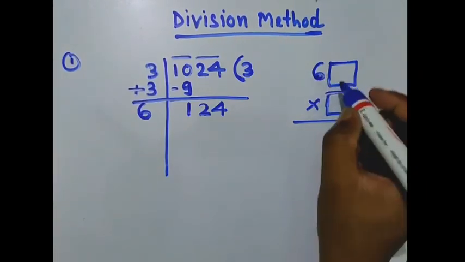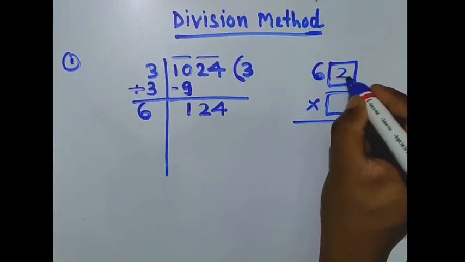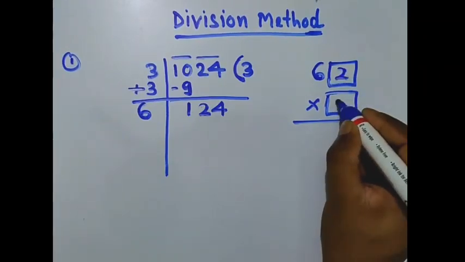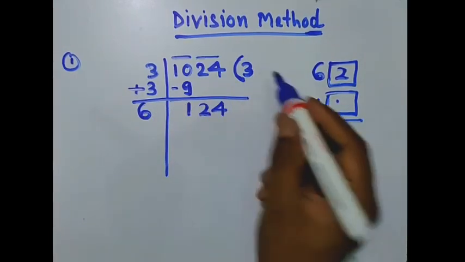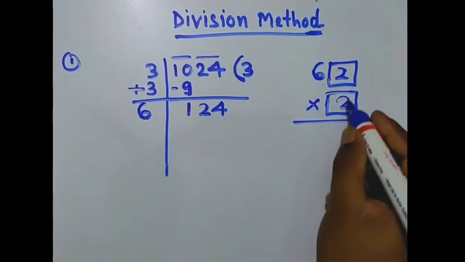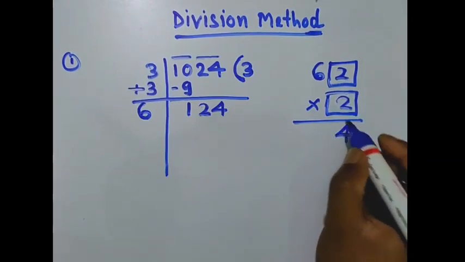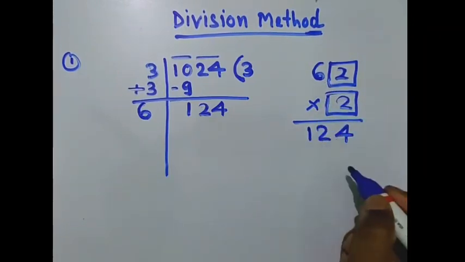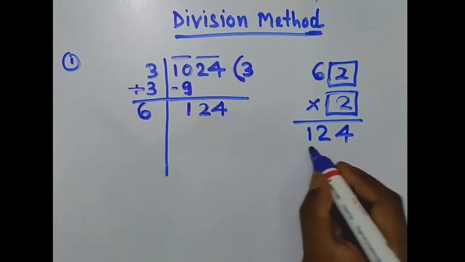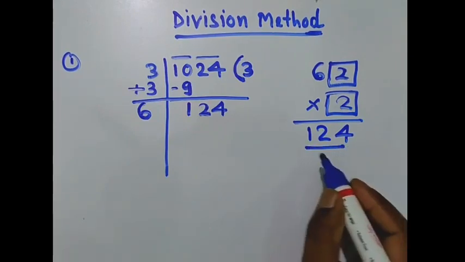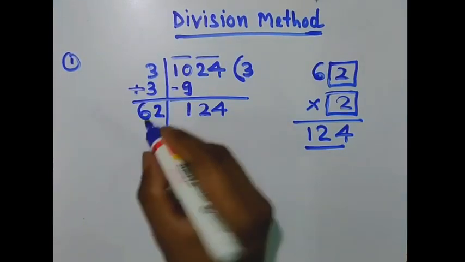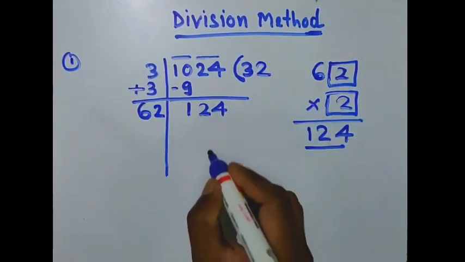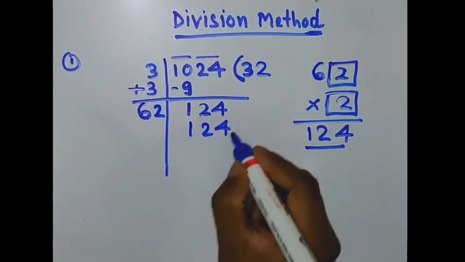So let's think of this number as 2 and multiply and see what we get. Here we will multiply 2, and on top also we will multiply 2. So 2 2s are 4 and 2 6s are 12, and we have got 124. It means the number here will be 2, and we multiply by 2 to get 124.